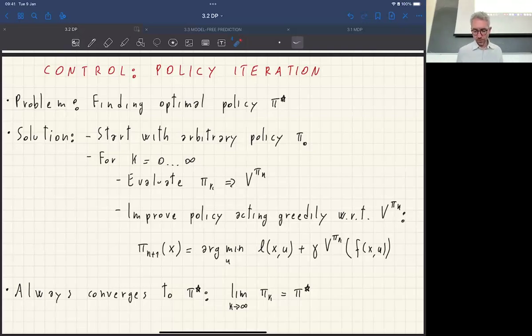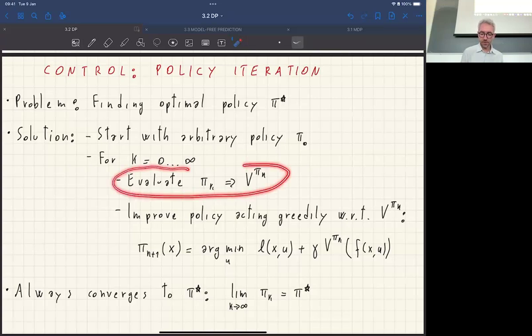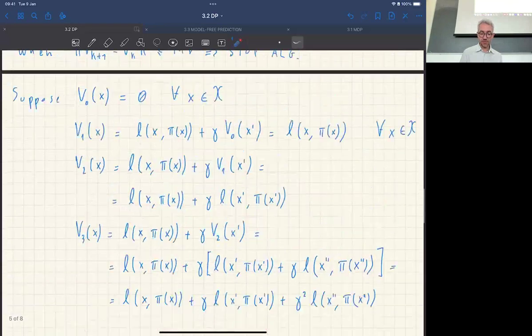Okay, so this is the first algorithm for doing control, so for finding the optimal policy for a given MDP. The main bottleneck of this algorithm is actually in the first step, the policy evaluation step, because every time we hit this line, we have to evaluate a policy. So we have to find the value function of a given policy, and that we have seen how to do.